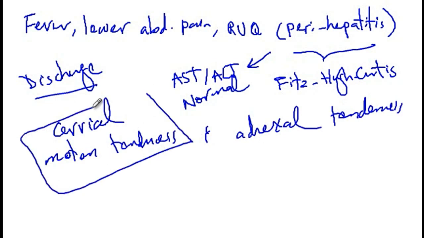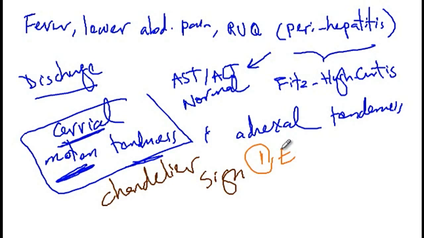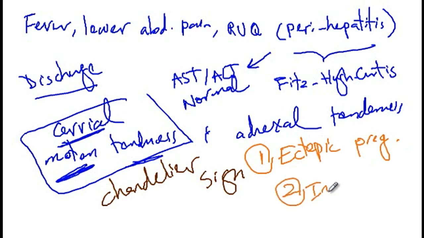So in these patients, once you are doing a vaginal examination and you touch the cervix, they will have a severe tenderness on examination. And this is referred to as a cervical motion tenderness, also known as a chandelier sign. And then given that scarring and adhesion formation are common side effects of the pelvic inflammatory disease, therefore complications of this infection also include the ectopic pregnancy, as well as infertility.